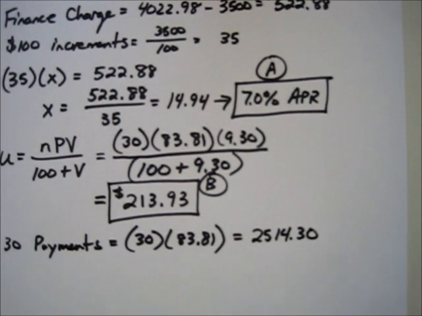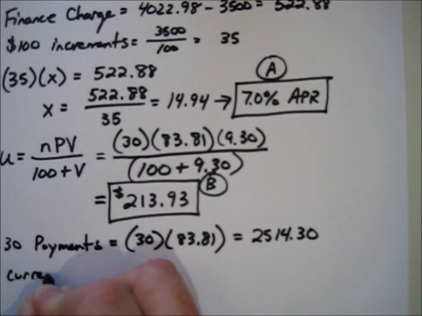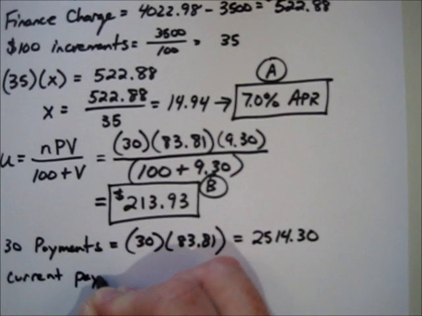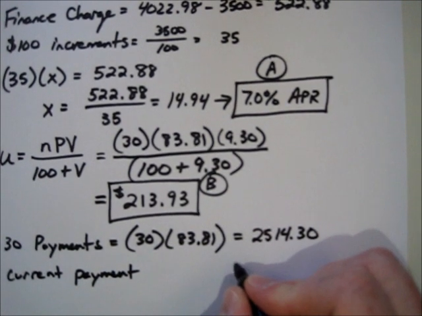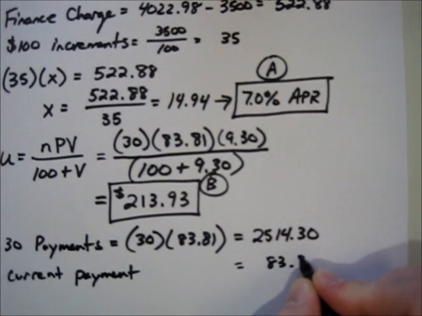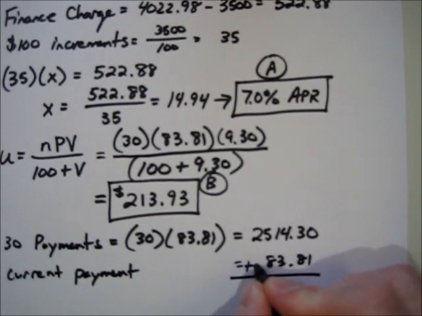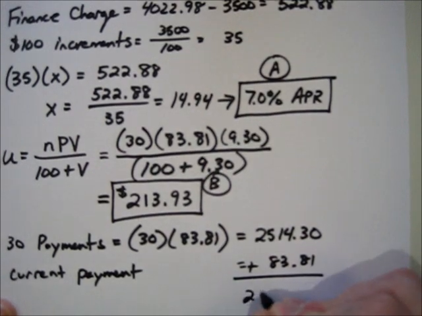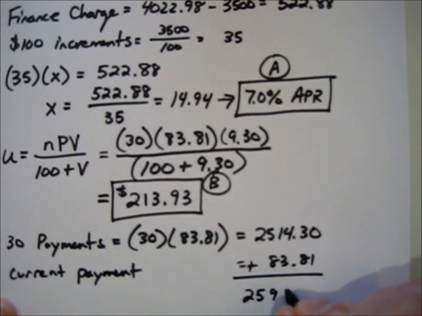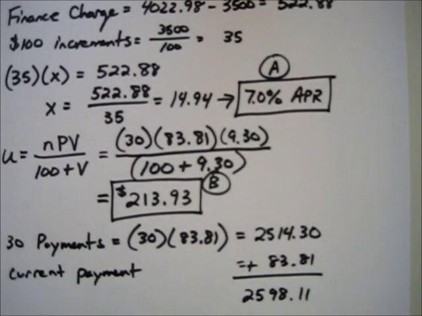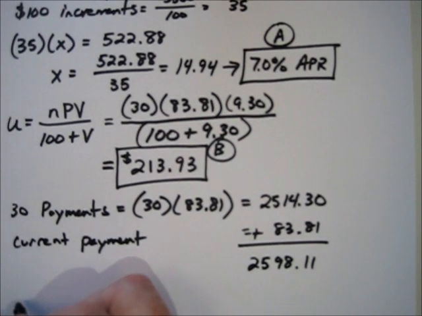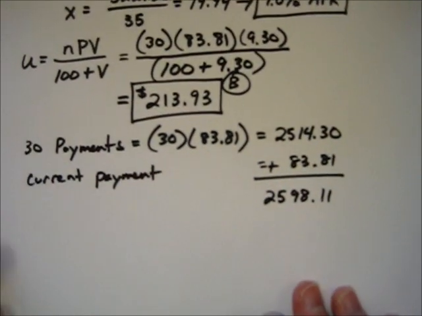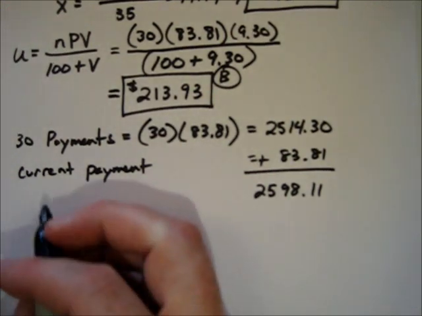We know that she hasn't made her 18th payment, but it is still due. So current payment also needs to be in there. That's 83.81. So if I add those two together, I get $2,598.11. But we will save in interest costs.